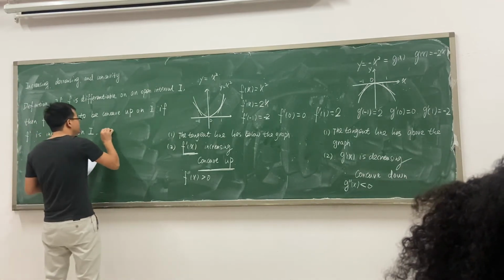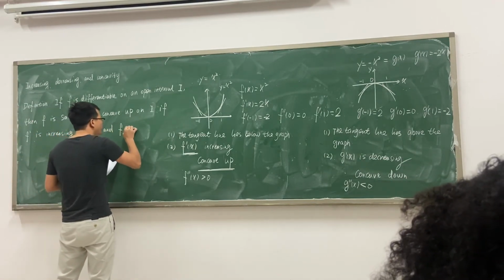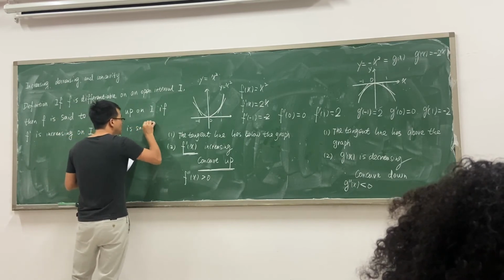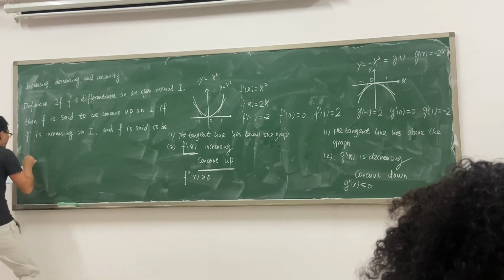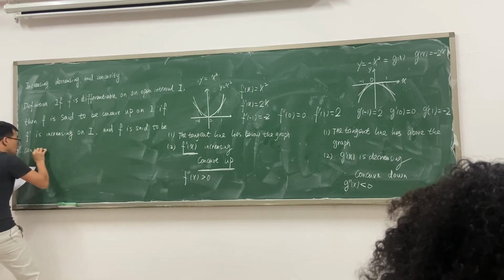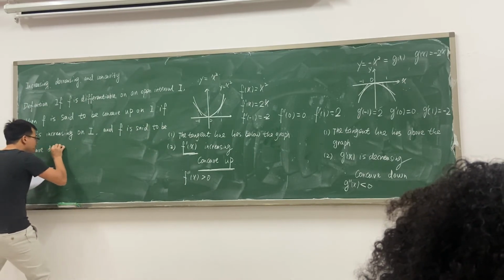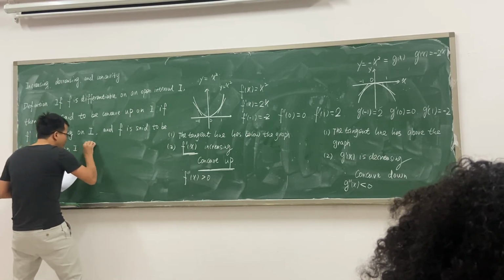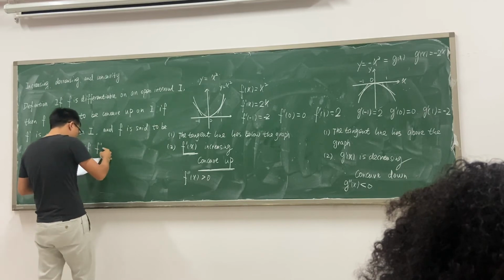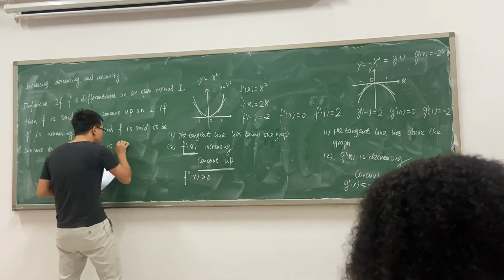And f is said to be concave down on I if f prime is decreasing.